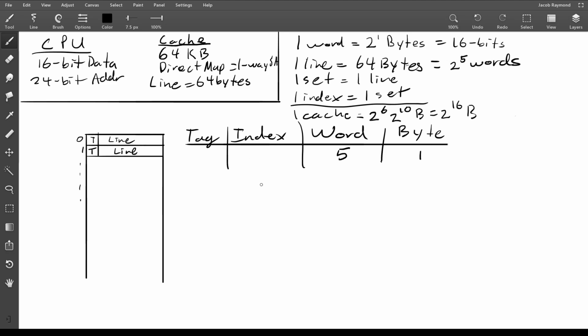Now for the index, well, we have again our area of the cache is 2 to the power of 16 bytes. Again, that's just the number of bytes in the cache.